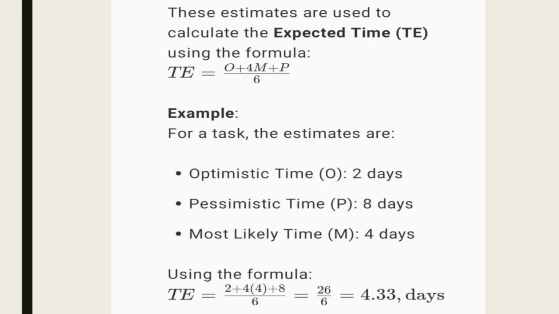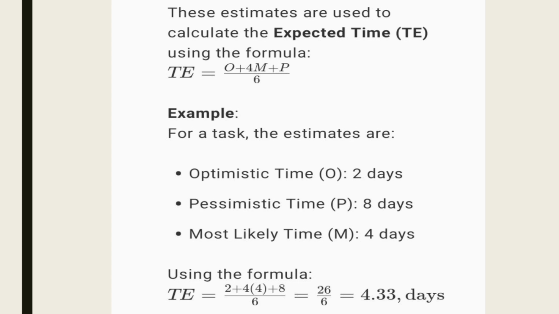We are given an example where for a particular project, optimistic time was 2 days, pessimistic time was 8 days, and the most likely time was 4 days. The question is to calculate expected time. So on O you put 2, on P you put 8, and on M you put 4.